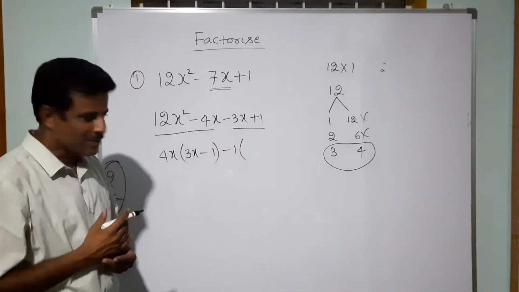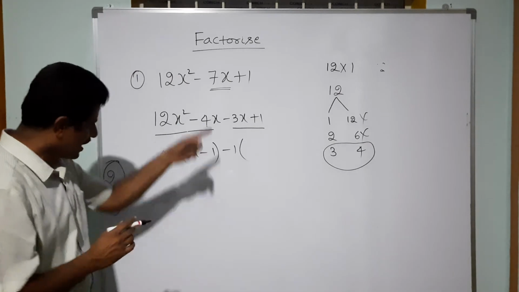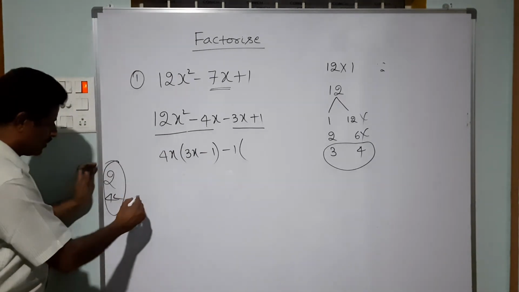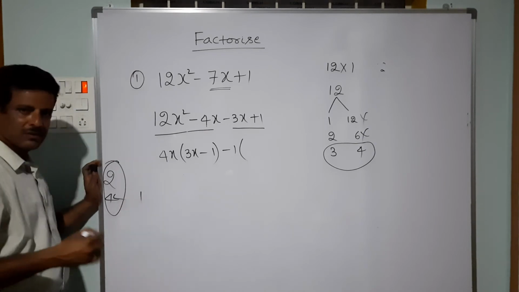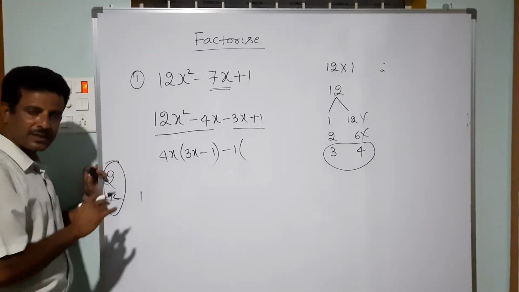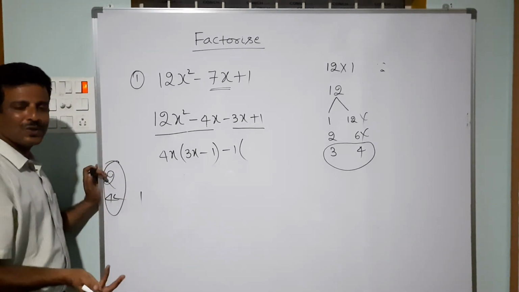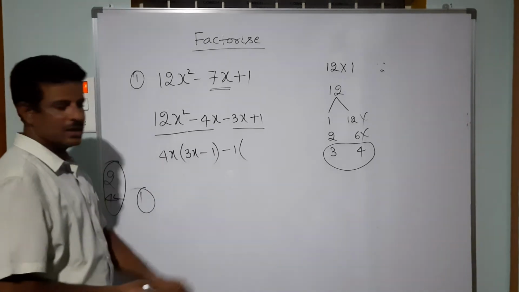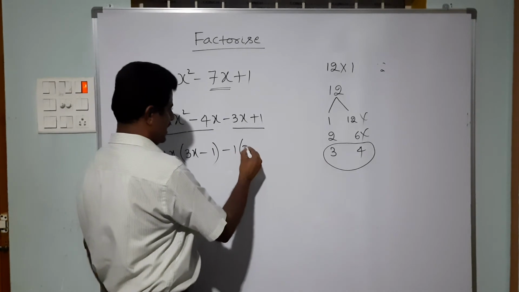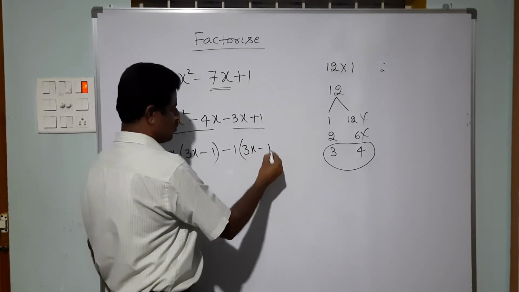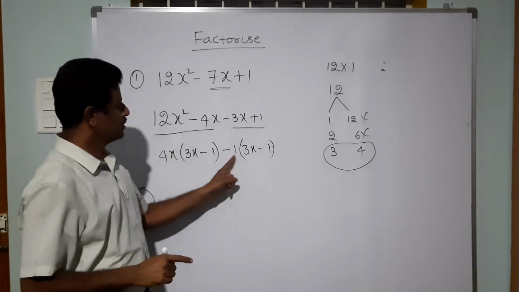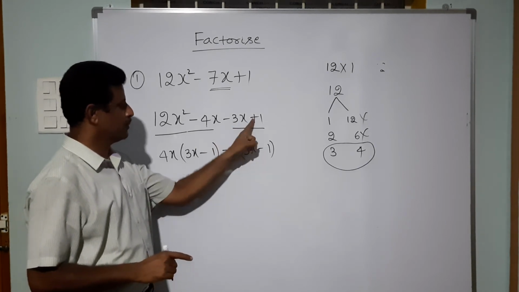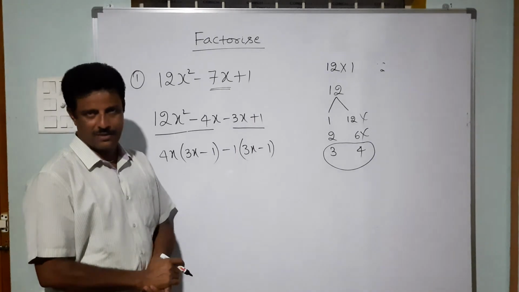How? You write the factors of 3 and 1. Which number divides? 1 divides 3, 1 divides 1. 2 does not divide 1, and 3 does not divide. That's why I am taking 1 common. So the remaining term is 3x -1. Multiply this: minus into plus is minus, 1 into 3x is 3x, minus into minus is plus, 1 into 1 is 1.